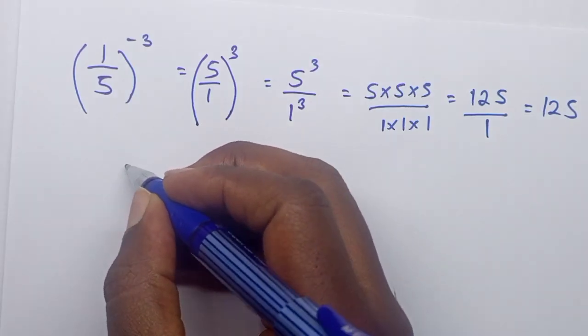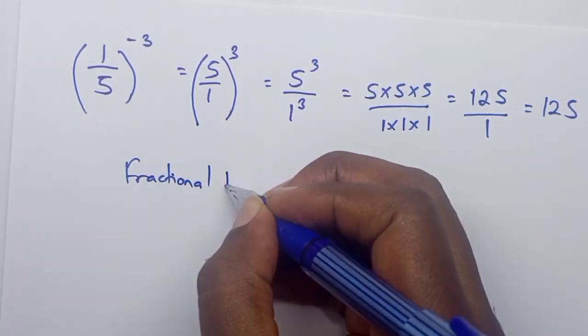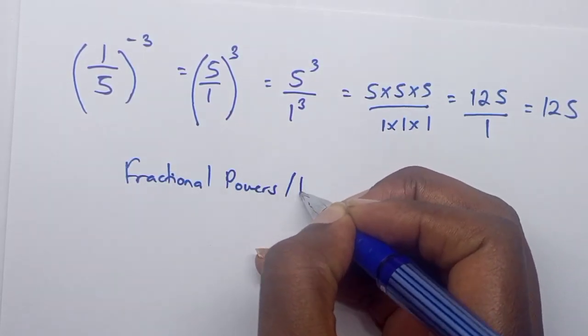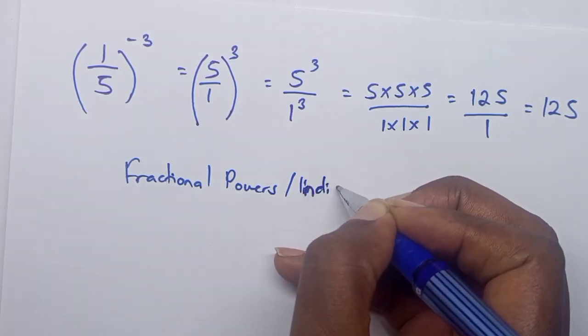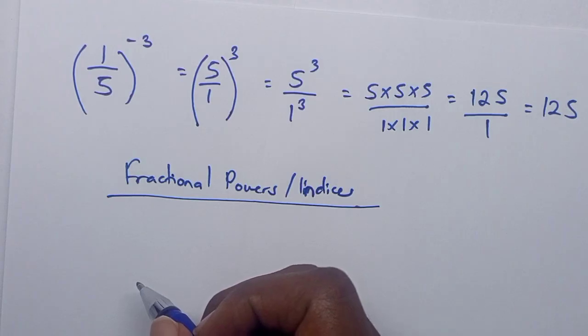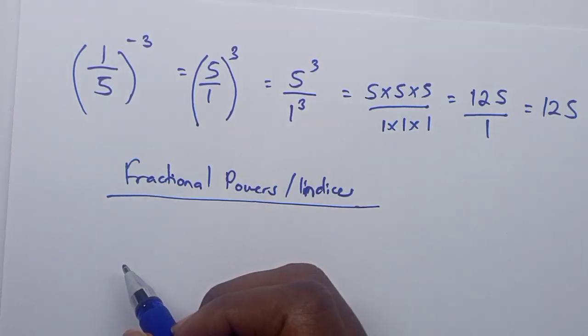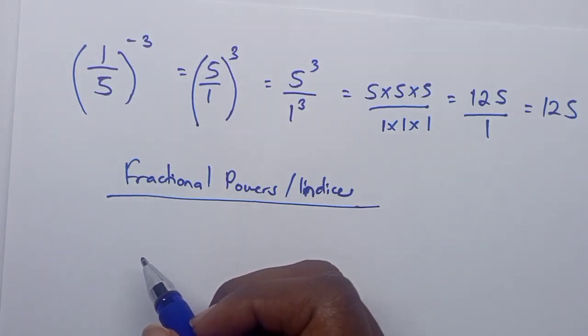Now let's look at our main topic, which is fractional powers or indices. A fractional index is a power of a term that is a fraction. So this implies that the power or the index is a fraction.